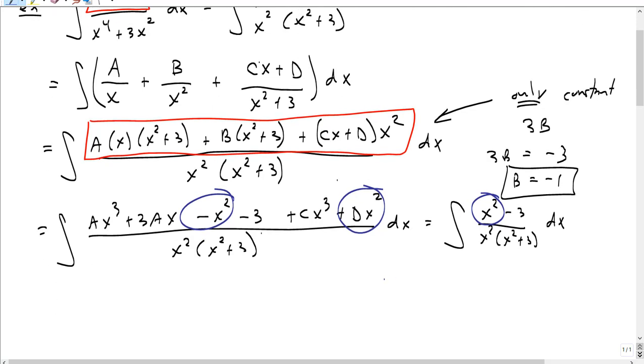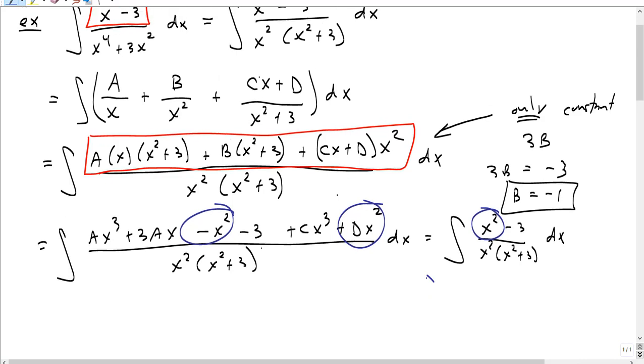So that tells me that the coefficients, d minus 1, have got to equal 1. D minus 1 equals 1, which means d equals 2. Well, that's nice. What else do we know? We know there are no x's over here, and over here we have 3ax, and that's it.